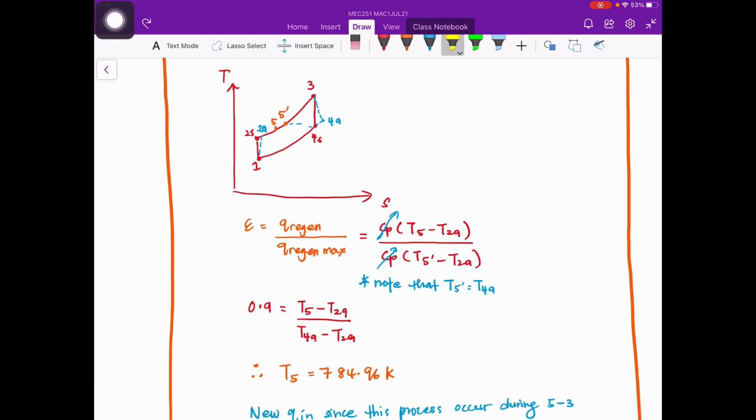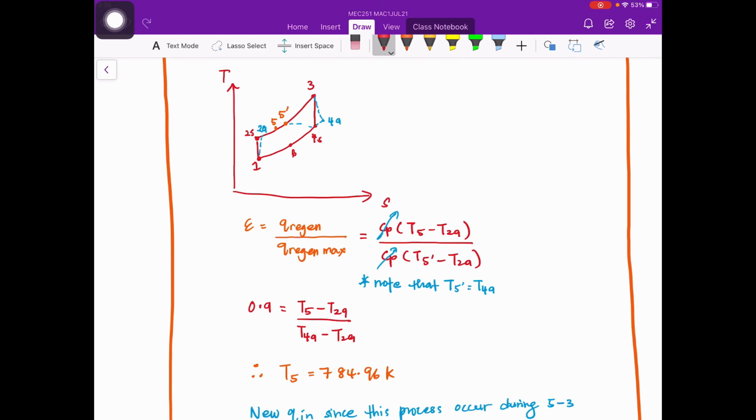Okay, now from the regenerator effectiveness that has been given to us, we know that the effectiveness is equal to the Q regen divided by the Q regen max, and the Q regen is equal to Cp times T5 minus T2a, and Q regen max will be equal to Cp times T5 prime minus T2a, and we know that T5 prime is actually equal to T4a.